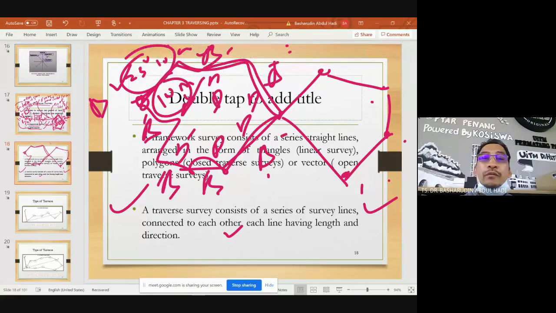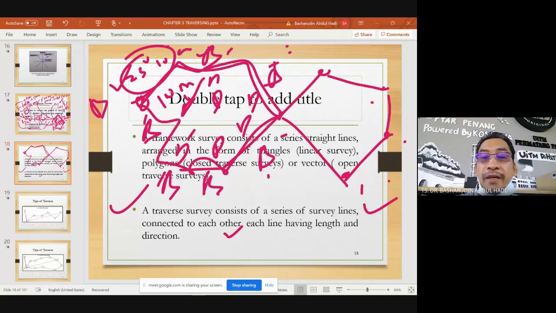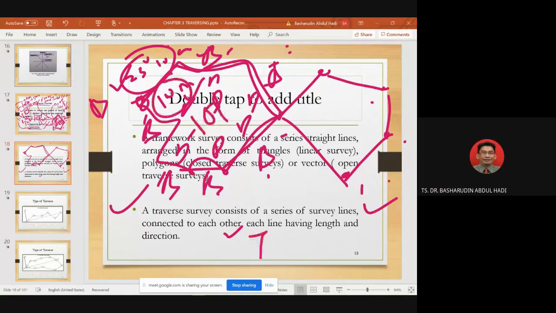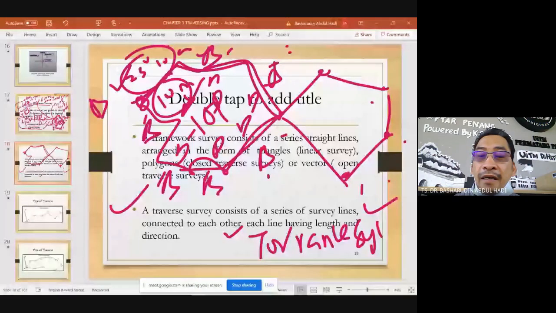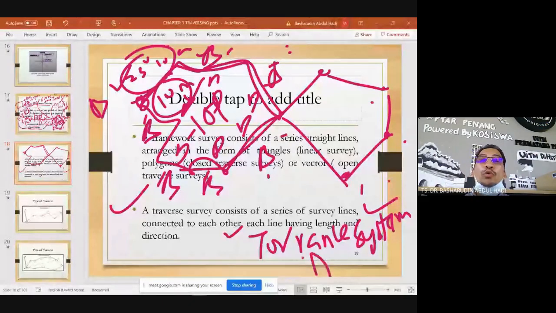This one is a bearing, another one is a distance. So we have B and D, bearing and distance.